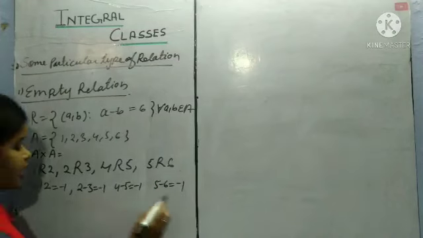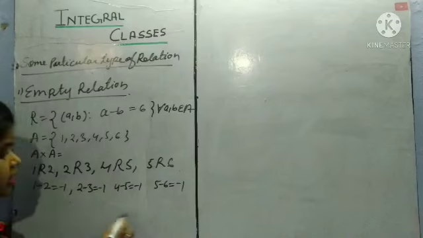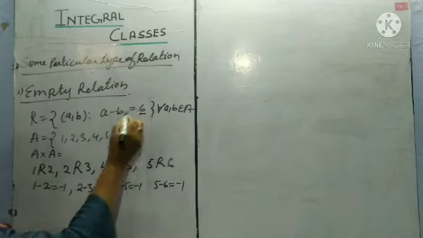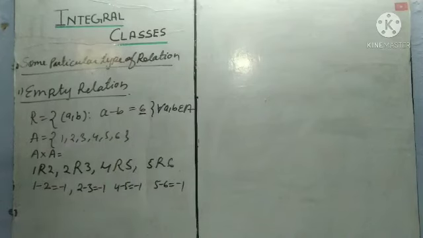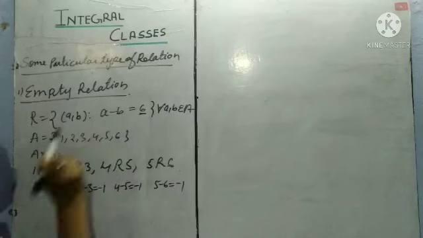In all of these we get minus 1, but we do not get 6. Whatever relation we select, we will not get a minus b equal to 6.